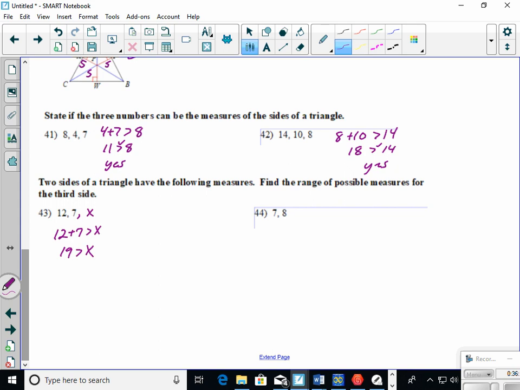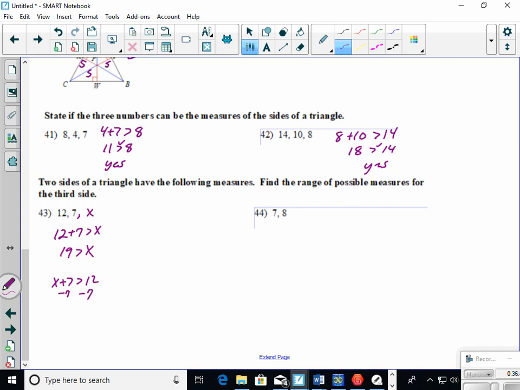And then also we need to make sure that the x plus the smallest side is bigger than the largest side that we have there. So x plus 7 has to be greater than 12.